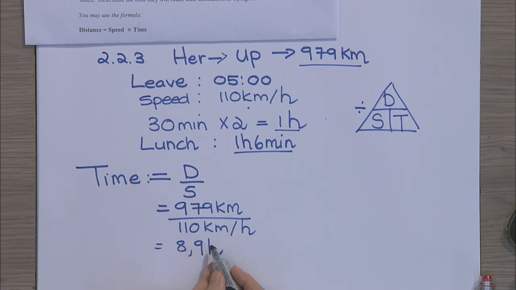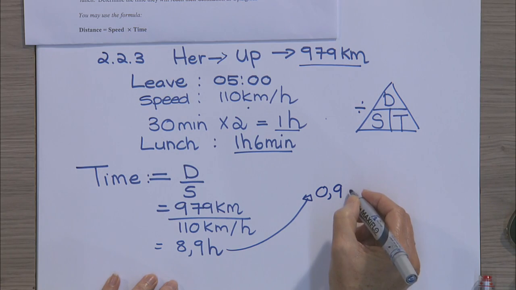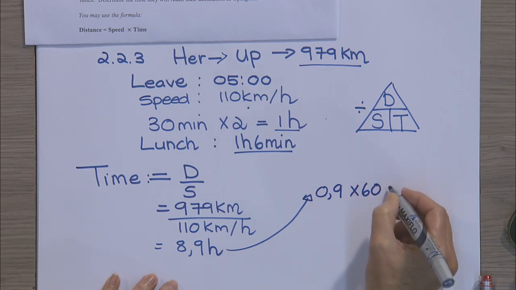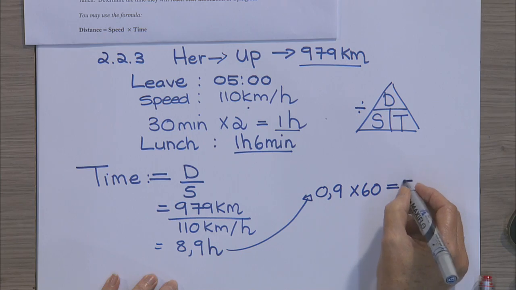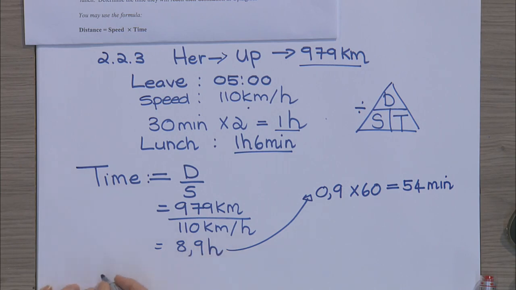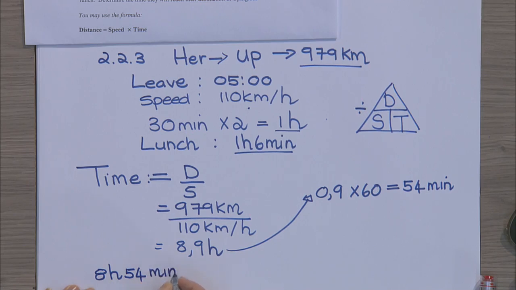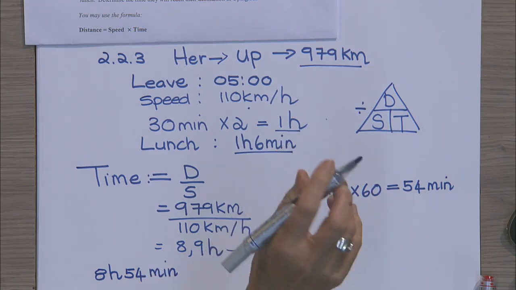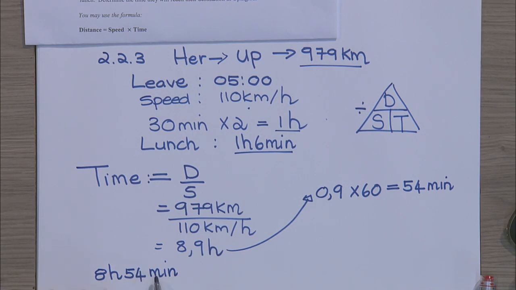This is 0.9 of a full hour. Remember, the 8 cannot change. 0.9 times 60 is 54 minutes. This is then 8 hours and 54 minutes. It took me 8 hours and 54 minutes to drive the 979 kilometers.